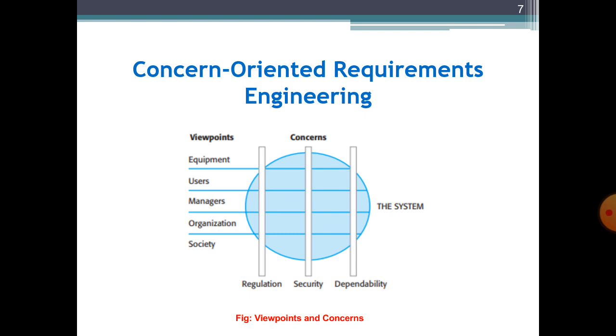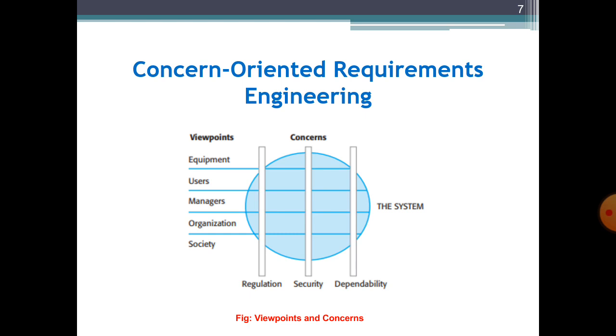If you organize the requirements according to stakeholder viewpoint, then students, you can analyze them to discover related requirements that appear in several viewpoints. These represent the core functionality of the system, and other viewpoint requirements may be specific to that viewpoint, so we can say these can be implemented as extensions to the core functionality.